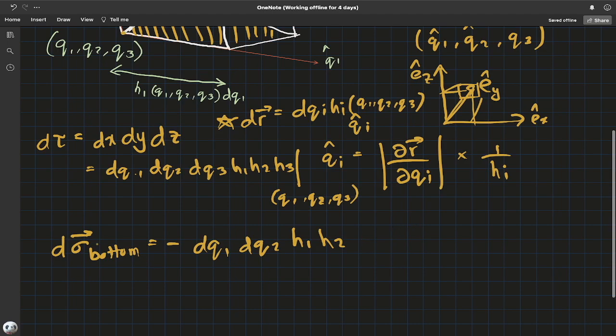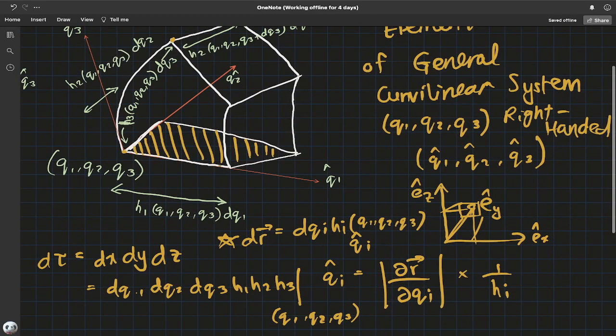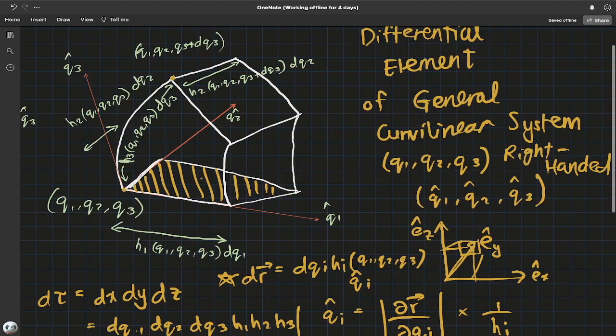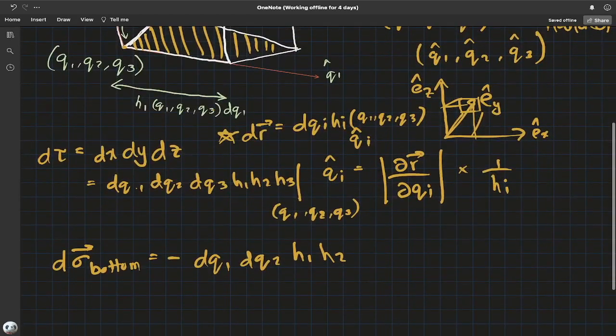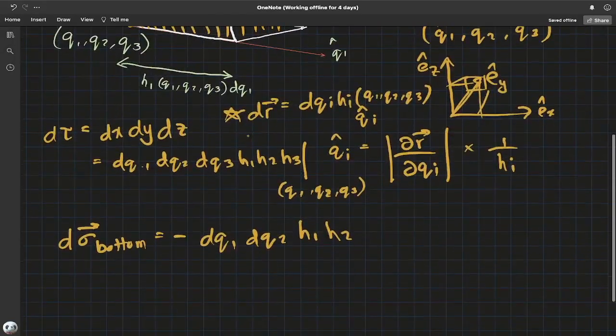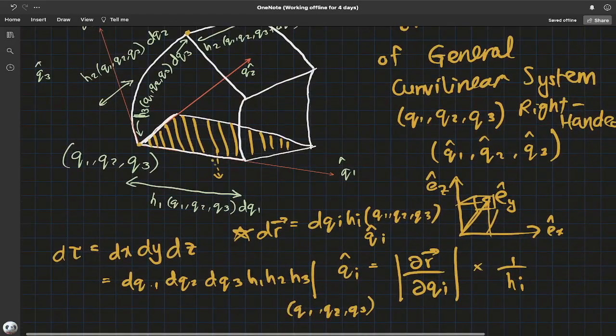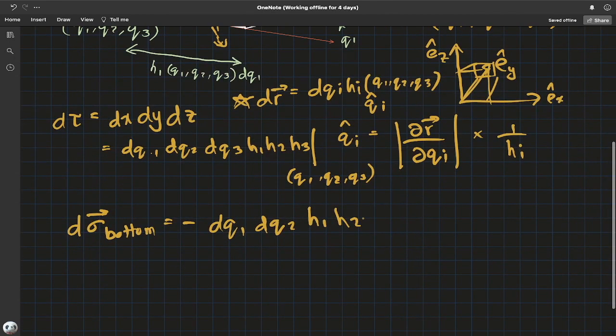But since this is a vector, remember that q1 hat crossed with q2 hat, at least for this guy, more like q2 hat crossed with q1 hat, because that's the way we'll define the orientation for this guy, because the normal vector will be pointing in the negative q3 hat direction, which is like this. So we get a q3 hat just because of the definition of orientation.